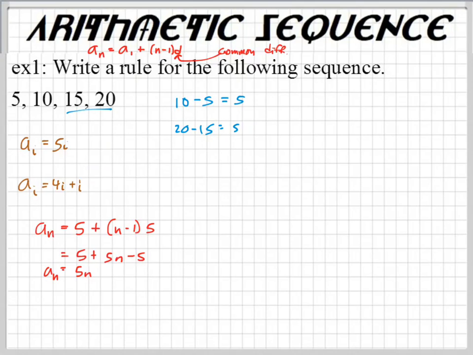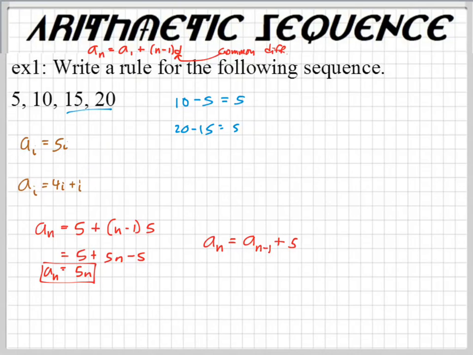And you were able to come up with that answer without the formula. So you can see some of the sequences that you were working on last night, those are arithmetic sequences. Some of them you could use this formula. Another way you could have written this rule is a sub n equals a sub n minus 1 plus 5.